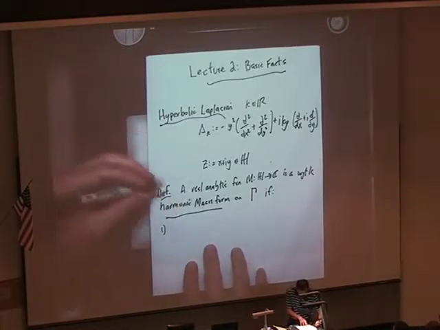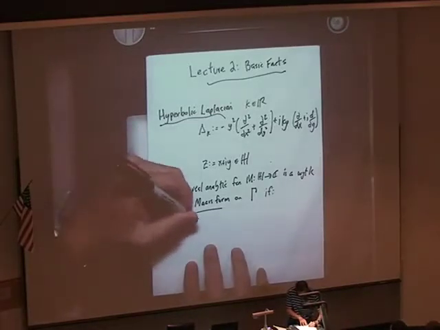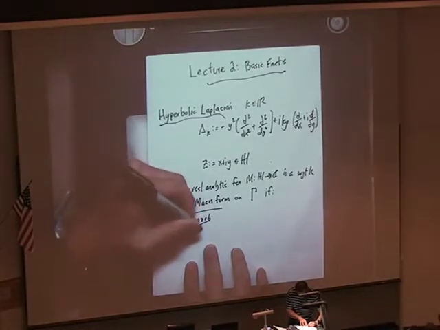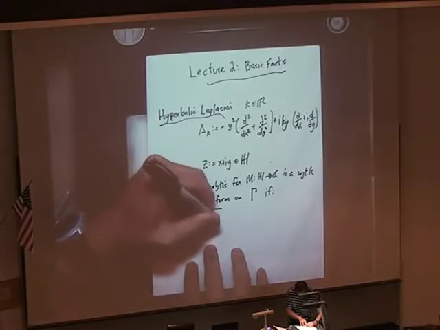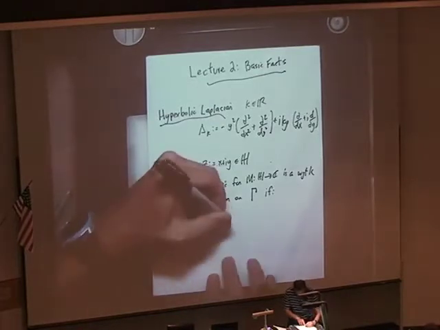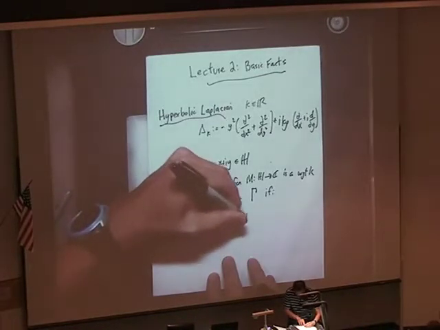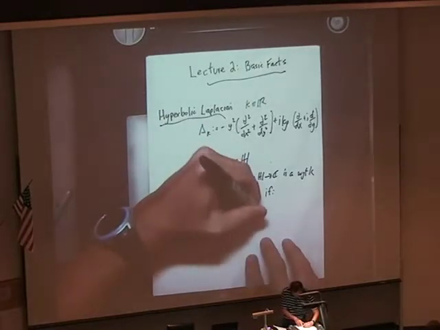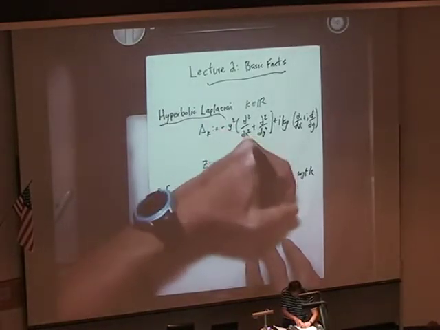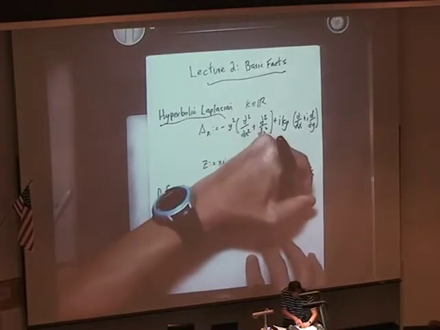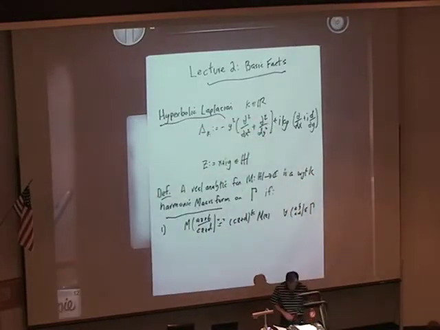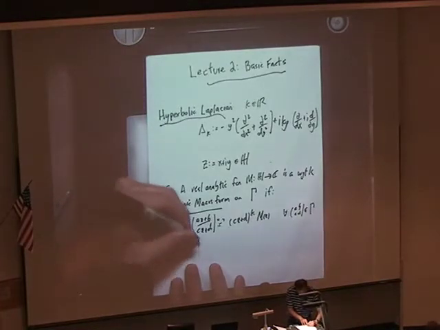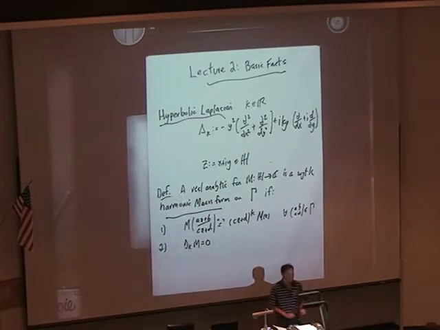It'll be a weight k harmonic Maass form if, first, it's modular: m of (az plus b) over (cz plus d) is equal to, I'll put quotes there because in the half-integral weight case that's not quite right, (cz plus d) to the k times m of z, for all a, b, c, d in gamma. Second, the function is harmonic, namely it's annihilated by the Laplacian operator.